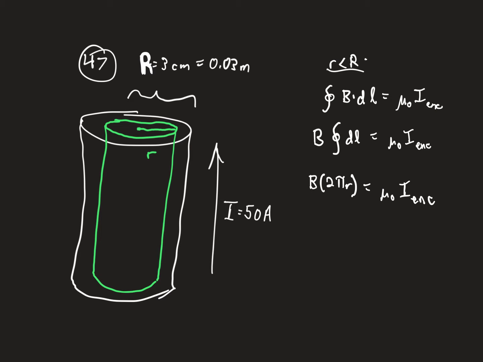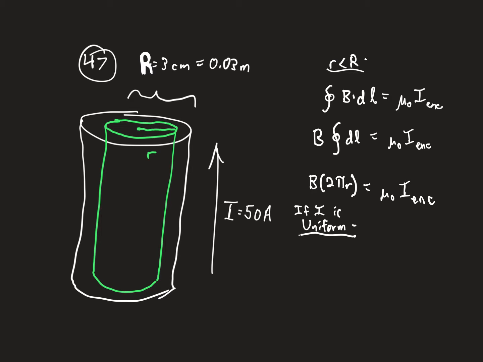So like Gauss's law, the hard part is usually figuring out what is I enclosed. How much of the current am I enclosing inside of this green cylinder that's inside of this bigger wire? Are there 50 amps inside of there? No, there's 50 amps inside the whole thing. So I need to scale it. I need just the current going through the middle green part.